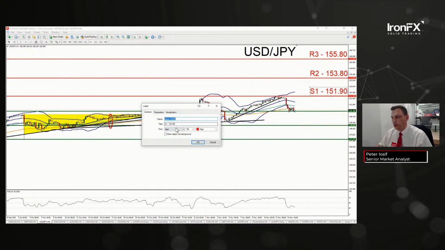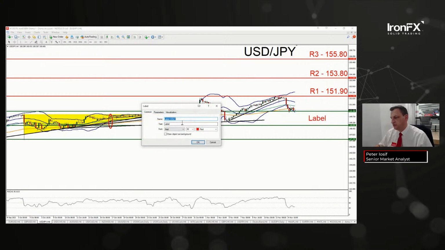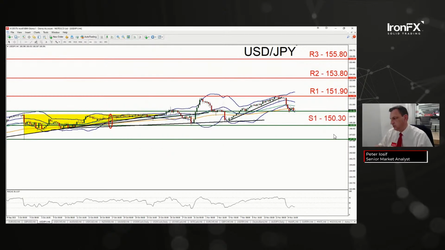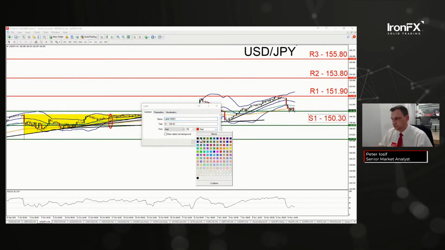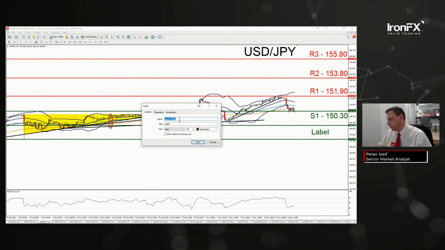Sorry, that should be R1. Okay, locking also in the S1 at 150.30. Green. $148.80, the S2.